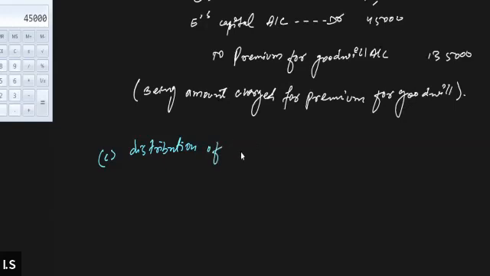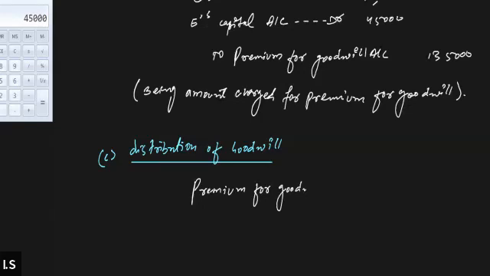Distribution of goodwill. And for that, the general entry will be premium for goodwill account debit to sacrificing partners in the sacrificing ratio.